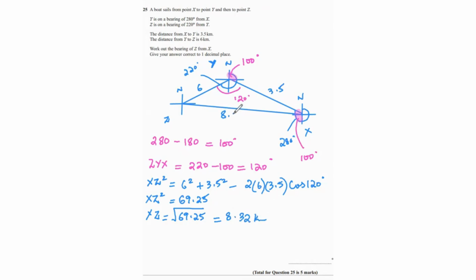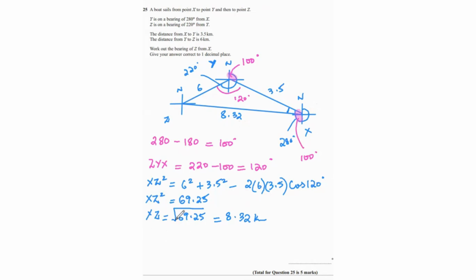So now that we have the third length, we can use the sine rule to figure out the angles. So we're looking for the bearing of Z from X, which means we need this angle over here. Because once we have this angle, we can subtract that from 280, and that would give us the bearing of Z from X.